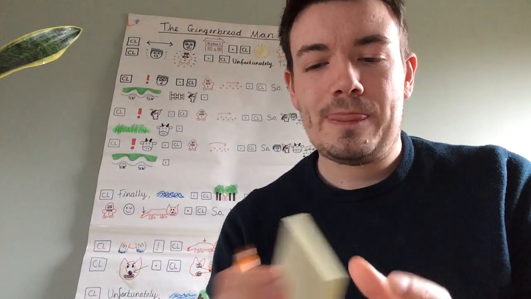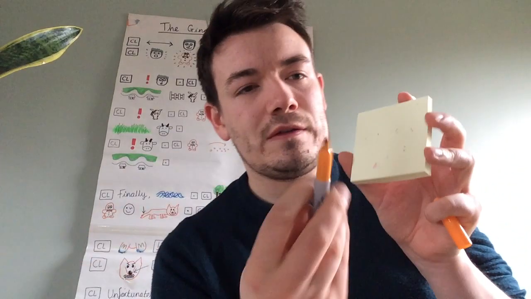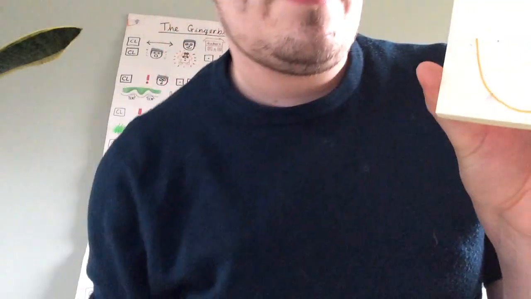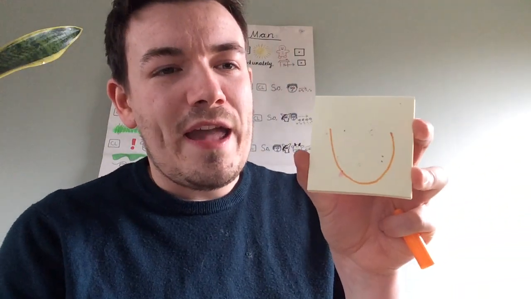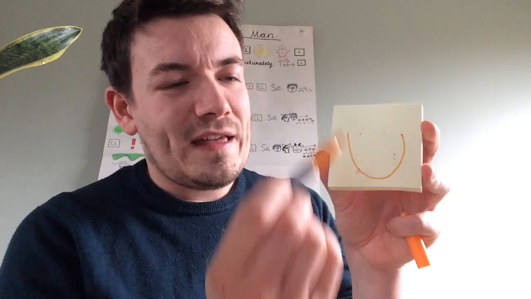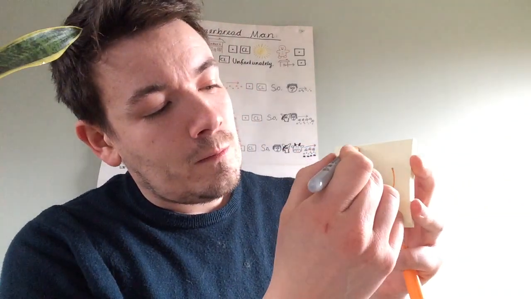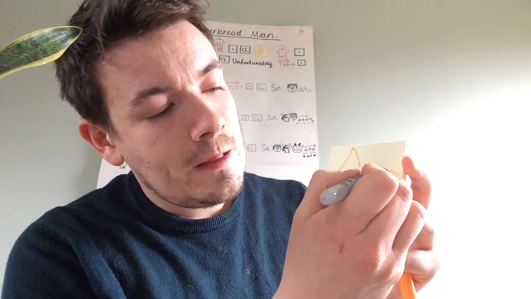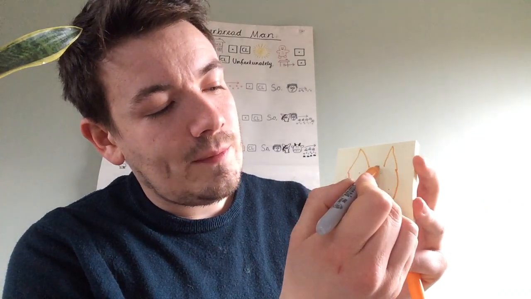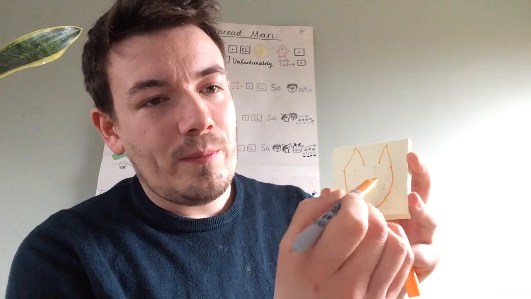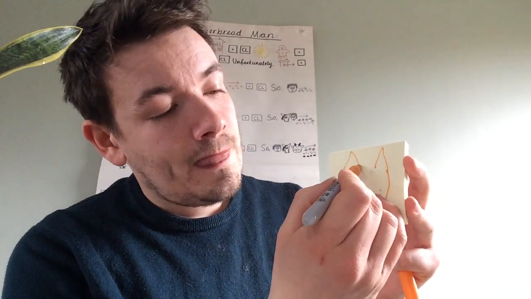So I made my sly fox by doing what looks a little bit like the smile on a smiley face. I did pointy ears, a little bit like the point on a triangle.